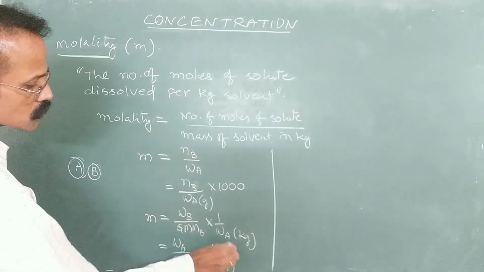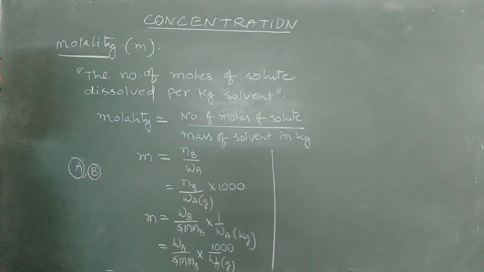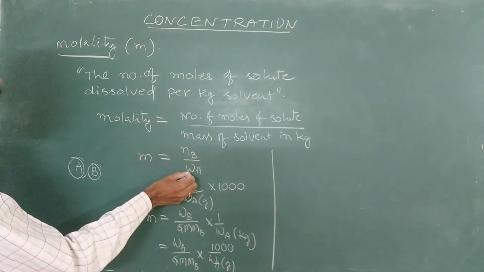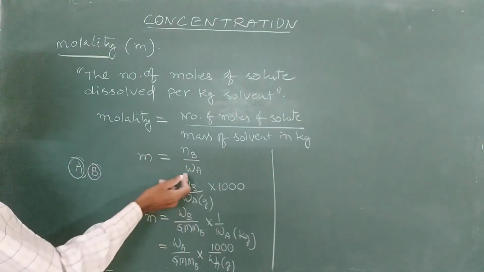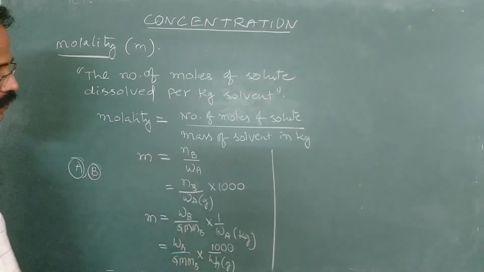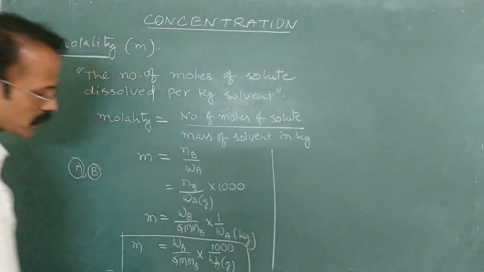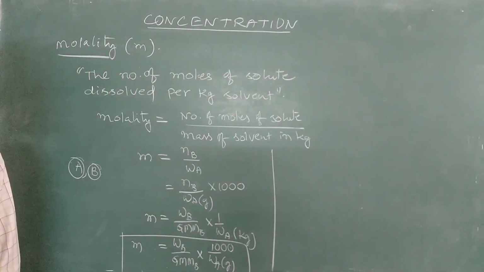Okay, so mass by gram molar mass gives the number of moles of solute, divided by the mass of solvent in kg. Suppose if it is given in grams, you have to divide it by 1000. So this becomes the formula of molality, right? Okay, so this is another formula.